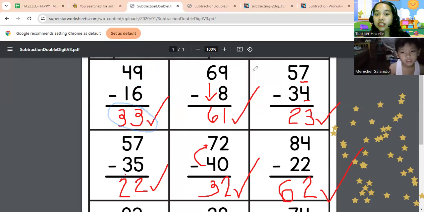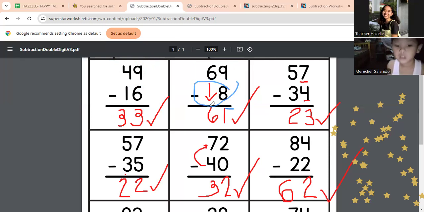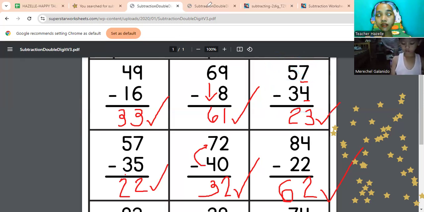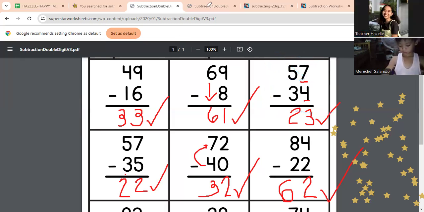Okay, next, 69 minus 8 equals 61. Next one, Ivan, can you please read it? We have 57 minus 34 equals 23. Very good.